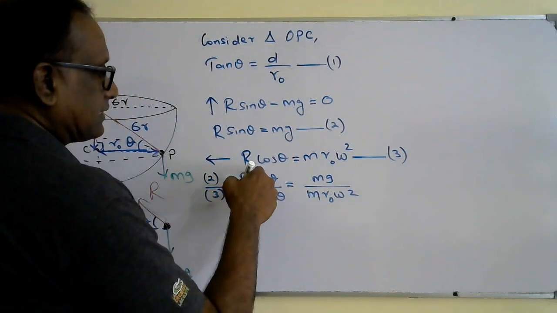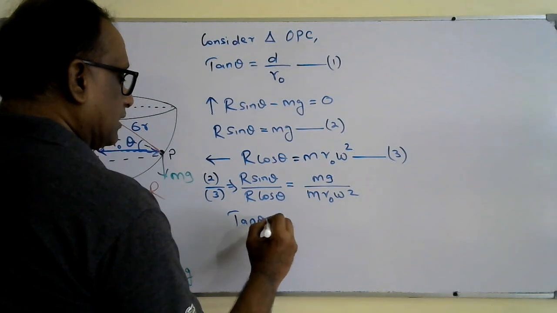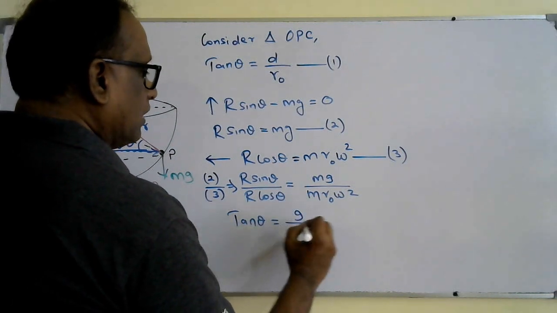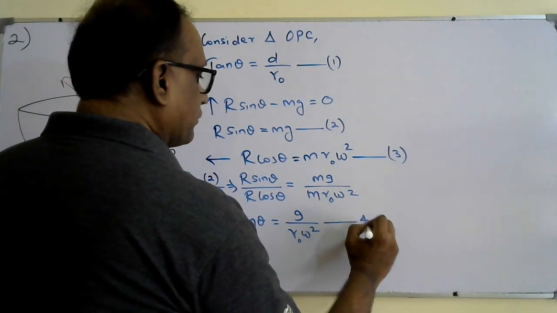So r will get cancelled, sine theta over cos theta is tan theta, equal to, m will get cancelled, g over r naught omega squared. That is the fourth equation, no problem.